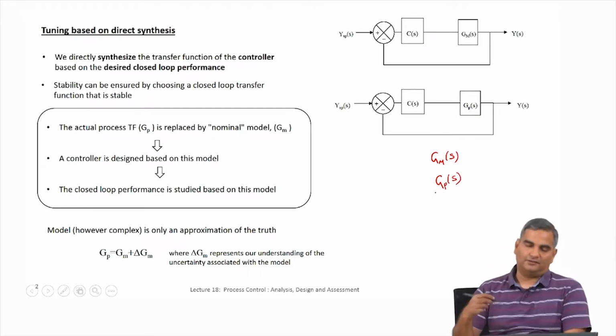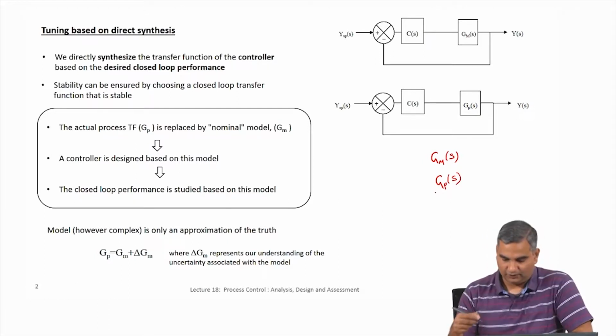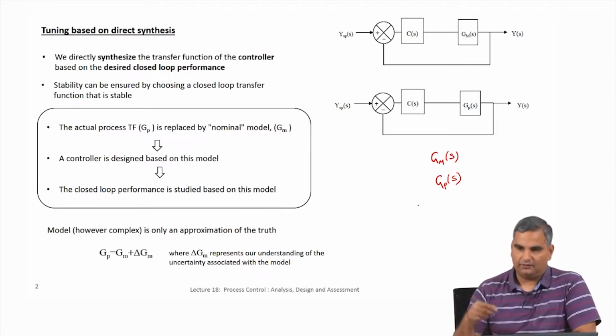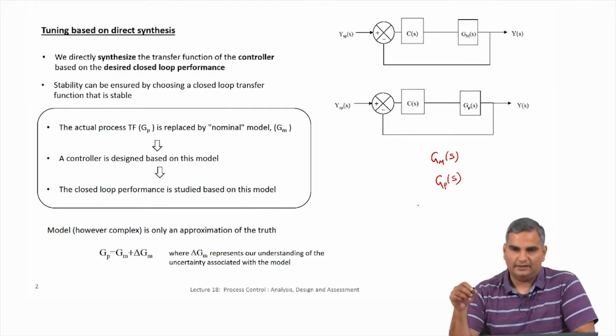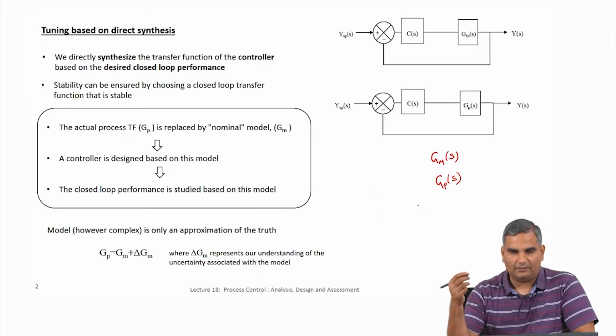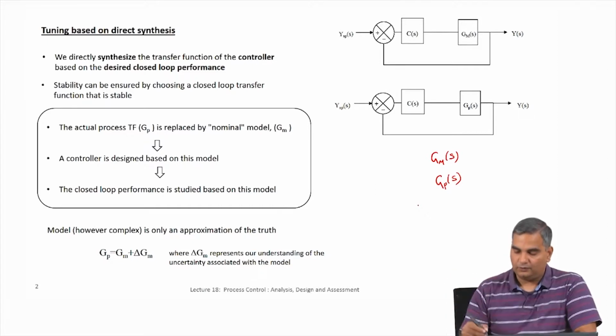The process transfer function, in some sense, you can think of as the true process, whatever that might be. Whatever we use as a model, whether it is first principles and linearized, first principles without linearization, or just testing and then building a model based on data, all of those are trying to approximate this process, but they are not exactly the process.